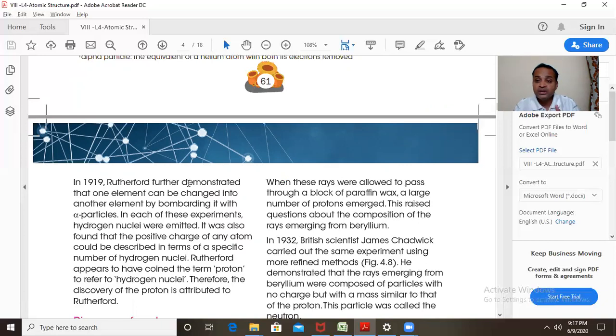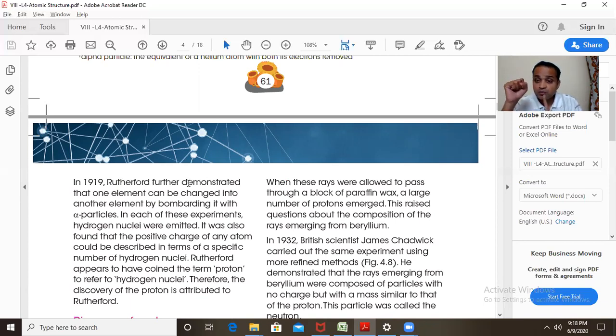And in this way, hydrogen nuclei, proton, all these were studied together, and the particles which were given out, that is the positively charged particles, he called them protons because they consist of only one positive charge, which is equal to the hydrogen nuclei which consist of only one positive charge. He used the term proton for that one positive charge.